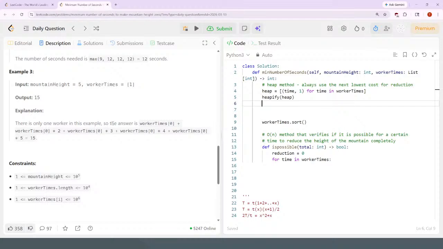How would I track this actually? So keep track of a total time, and keep track of the number of reductions. That doesn't seem great.